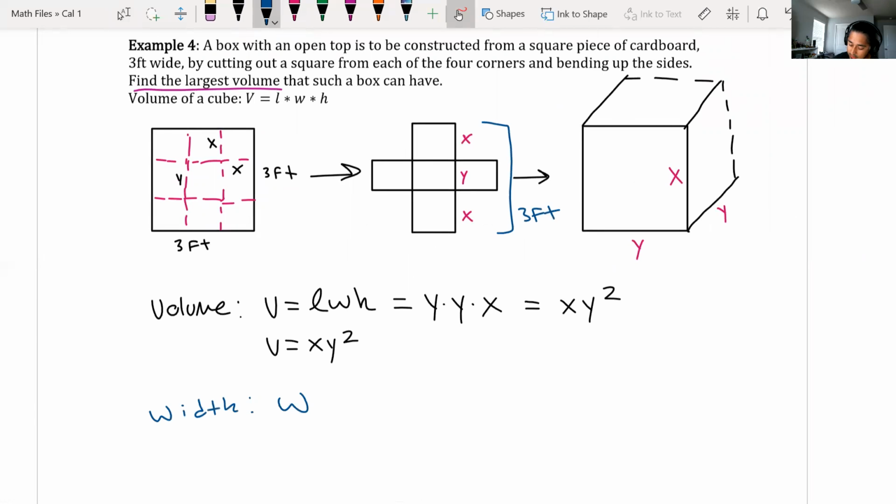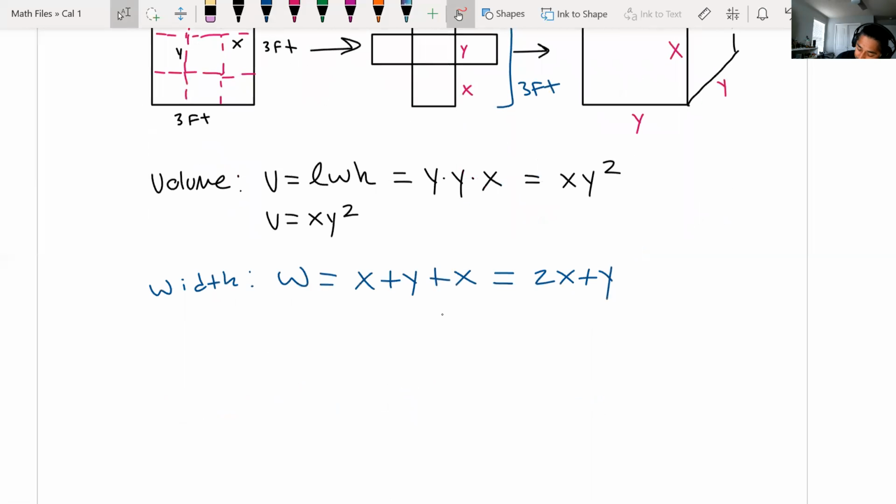So we can say that W, the width, is equal to X plus Y plus X, or 2X plus Y. And since we know that the width of the box is 3, we can make a sub for that.